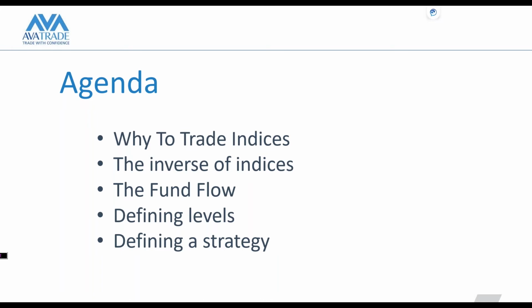Otherwise, I need to build my position in Amazon, Microsoft, Tesla, Netflix, and so on and so forth. There are so many nice stocks that you perhaps want exposure to. But buying the NASDAQ index, or the S&P 500 index, or the Dow Jones index, really gives you huge exposure to all the stocks that you perhaps like, and more than that as well.